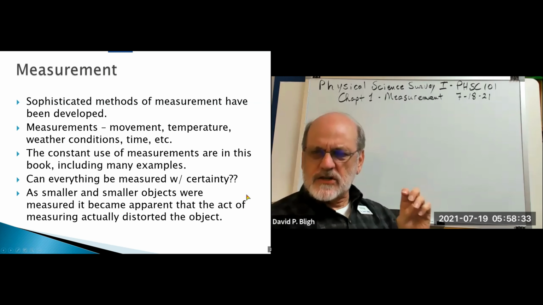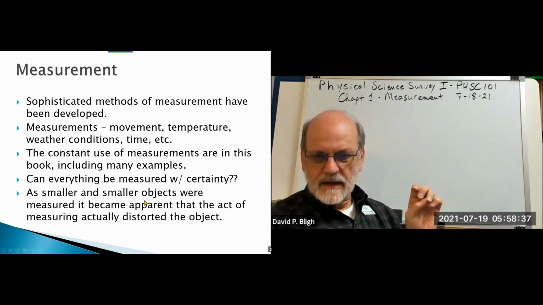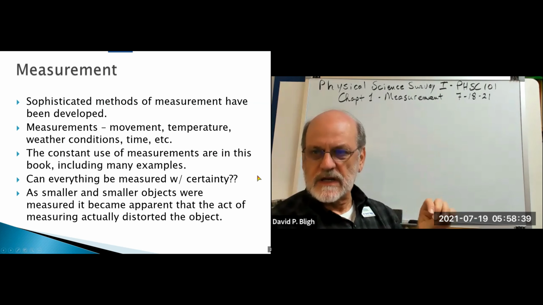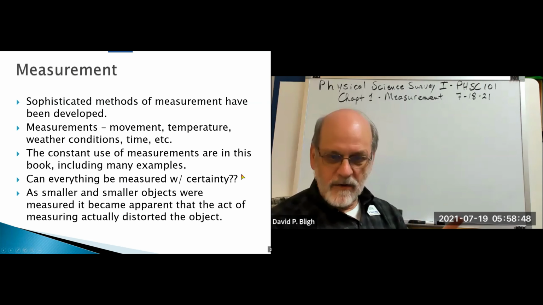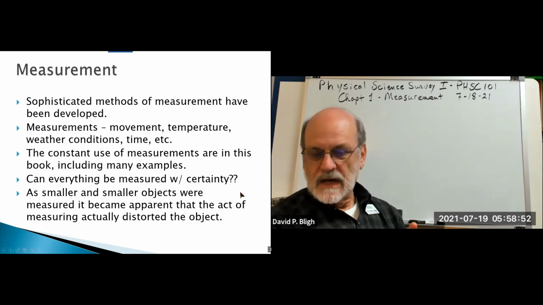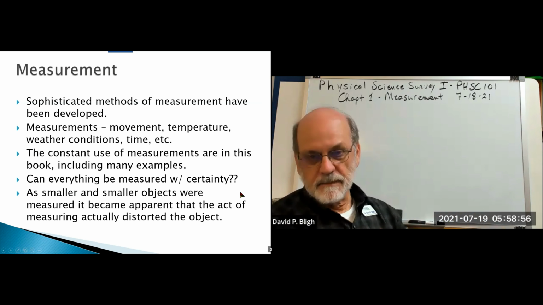Now, there's also the issue of uncertainty. Can we measure with certainty every phenomenon? And the answer to that is a simple one word: no. With every measurement, there is uncertainty. The source of that uncertainty can be almost anything.